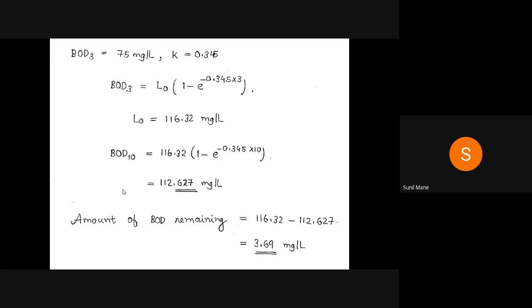Whenever it is disposed of in the river, how much of the river's oxygen is it going to consume? That means the river water quality would be disturbed, and by how much quantity it would be disturbed, this part we are going to calculate. Based on this calculation, we come to know by what figure the quality of the river is going to be disturbed.